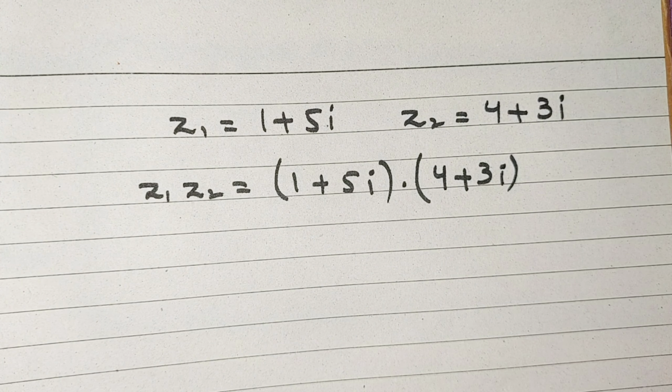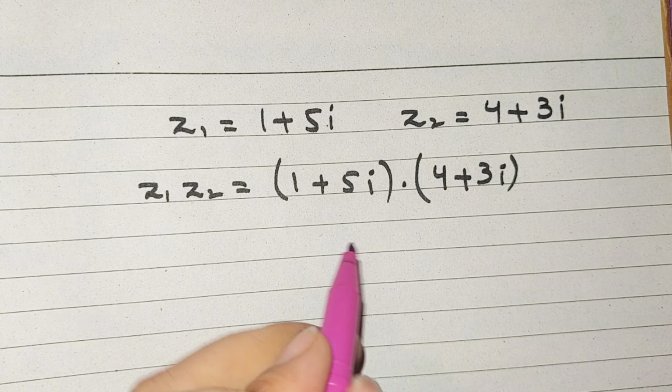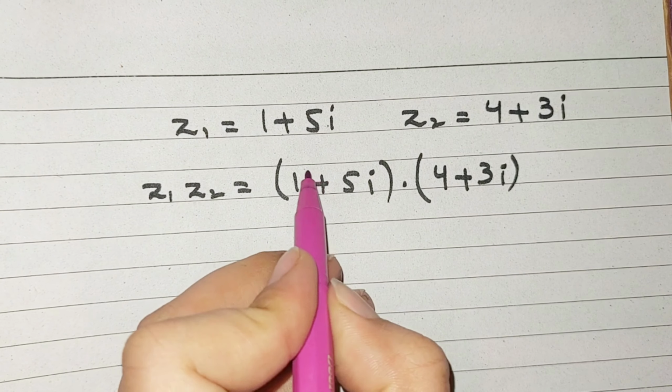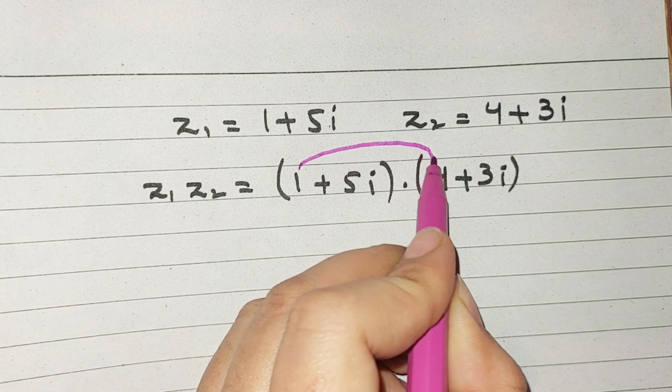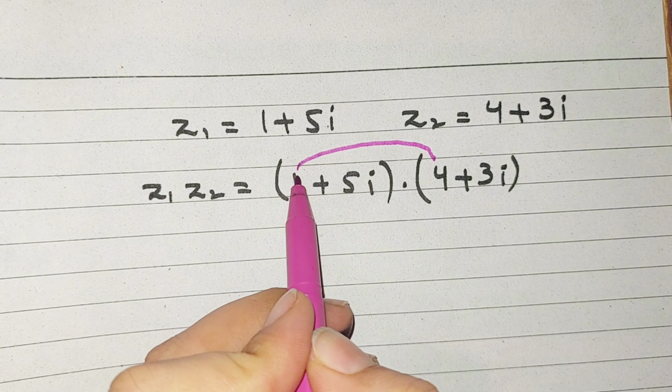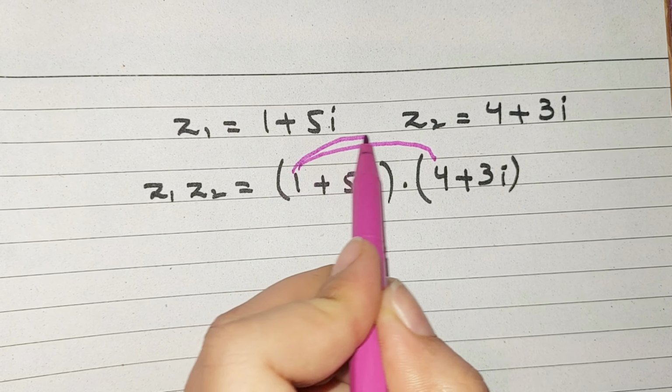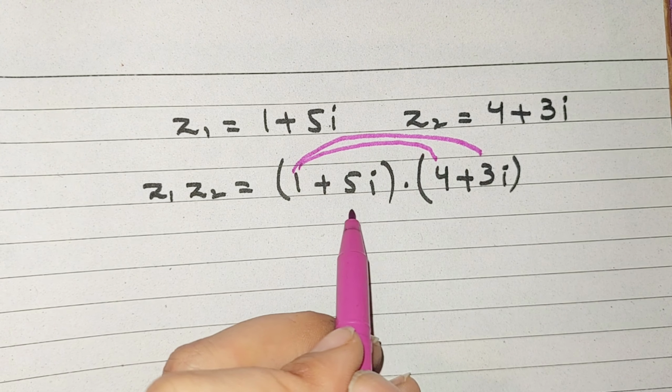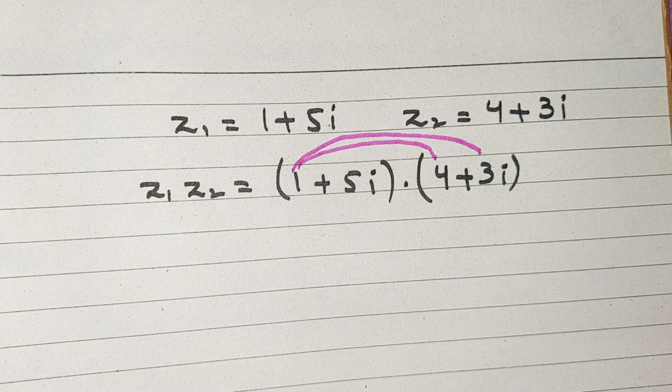Now how will we multiply that? First we will choose this number and multiply 1 with 4, and then again this 1 will be multiplied with the other number, that is 3, and we will do the same with the 5 iota.